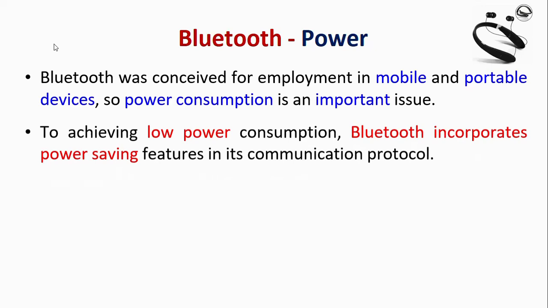To achieve low power consumption, Bluetooth incorporates power saving features in its communication protocol. The low average power is achieved by reducing the transmission duty cycle and putting the device in low battery standby mode for as long a period as possible relative to the transmit and receive times. So based on that, the power can be reduced in the Bluetooth device.